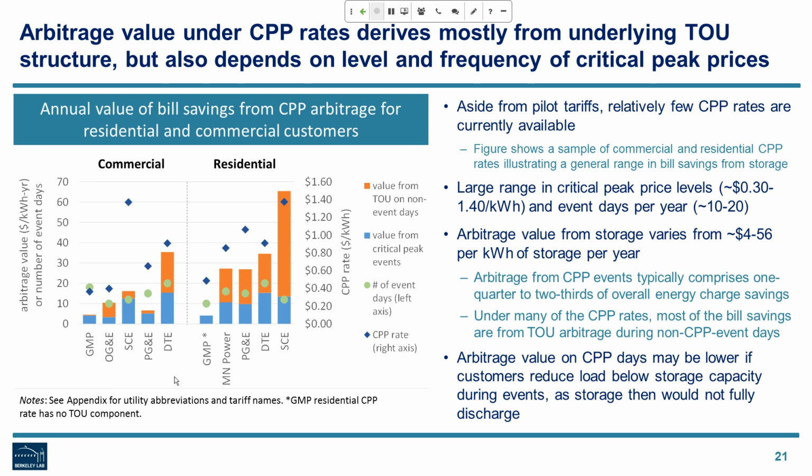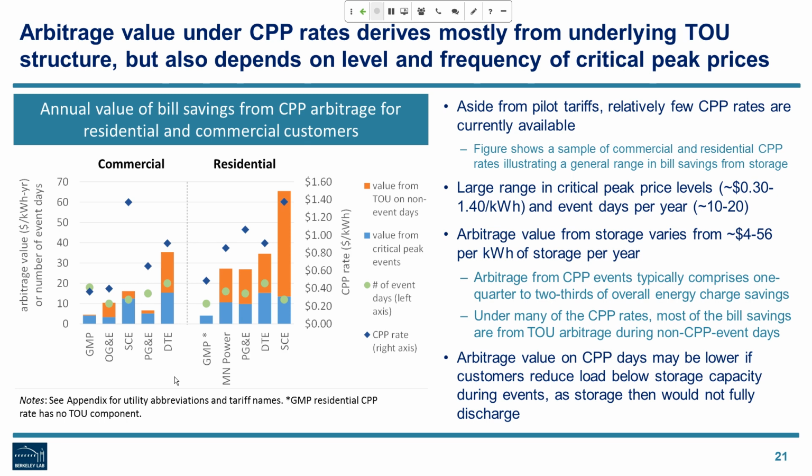So instead of showing a national map, here I instead chose to show a sample of commercial and residential critical peak pricing rates, illustrating the range in bill savings from storage. Note that some of the commercial CPP rates do have a demand charge element to them, and those aren't reflected in the values shown here. So the figure shows the arbitrage value from storage for each utility's rates, where each bar represents a single utility's critical peak pricing rate.